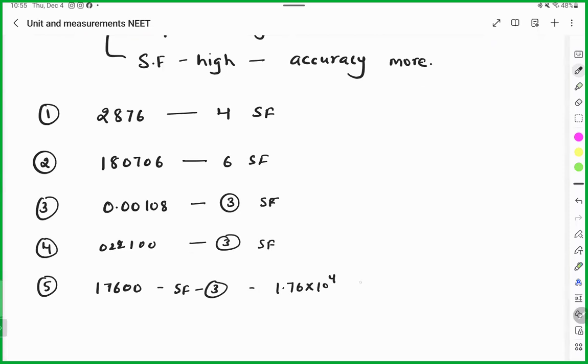What are the significant figures? 3. If you take 17.6 into 10 raised to power 3, still the significant figures are the same. So what we are saying is, if you are converting into a power or decimal or any other form, significant figures should remain the same. Understood? You can change it in any form, but significant figures should be 3. Here it is 3, here it is 3, here it is 3.